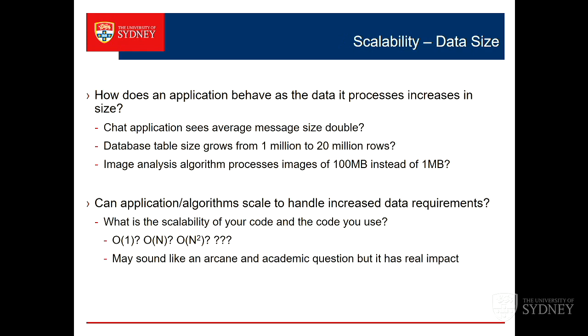And data size. So I've got an application, that's all cool, and it's all running well, and then all of a sudden I have to deal with 10 times the number of customers, or I have to deal with a 10 times bigger, 100 times bigger database.